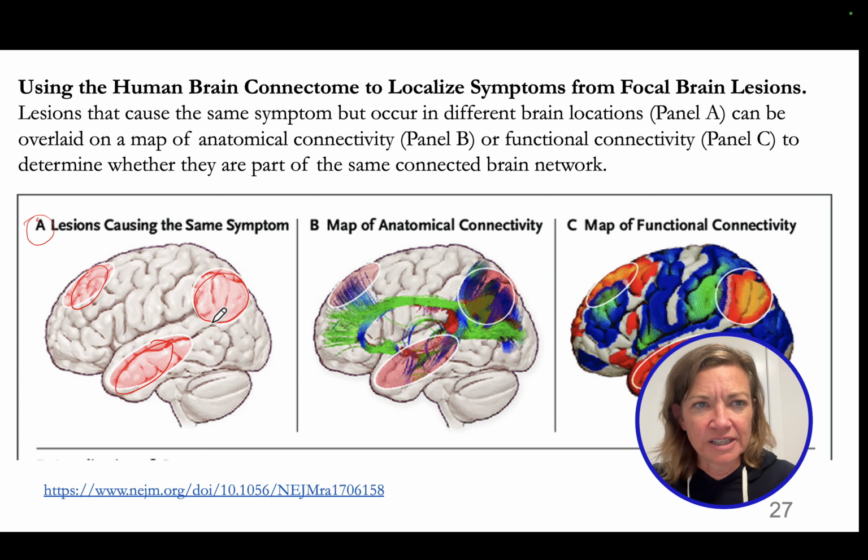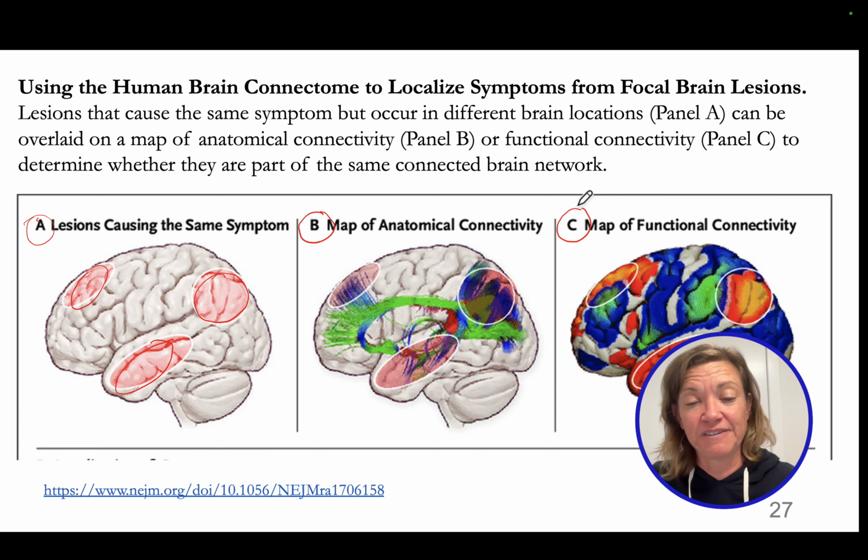You can look at people with these discrete lesions and overlay them on either a map of anatomical connectivity, using something like DTI to show the connections between those regions, or functional activity, using something like resting state functional MRI to determine whether those regions are indeed functionally connected, working synergistically together, and using that determine whether they are part of the same connected brain network.